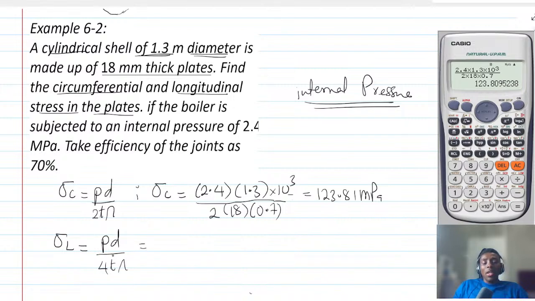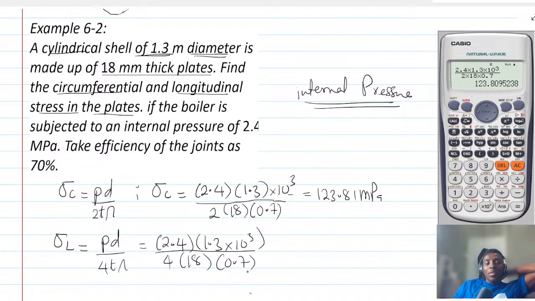All the time, the longitudinal stress is always going to be one half of the circumferential stress. So we have 2.4 megapascal, 1.3 times 10 to the power 3, and then 4, 18, 0.7.